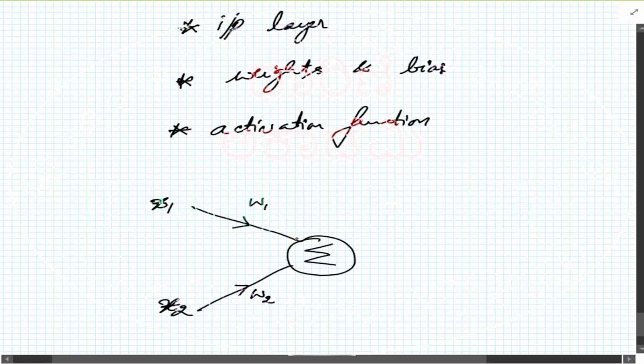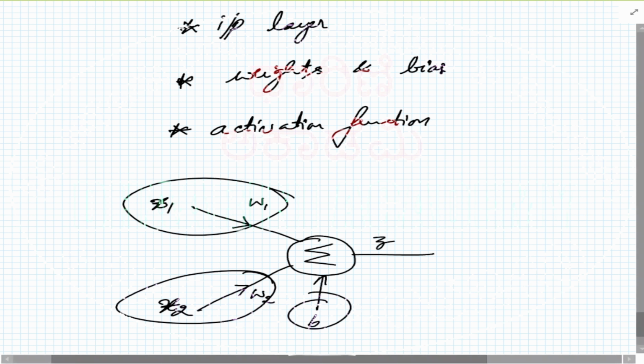That's what will be collected by the neuron. The neuron also takes a third input called the bias. Now it is going to generate a value z at the output of this neuron, which is the representation of all the weights and the bias.